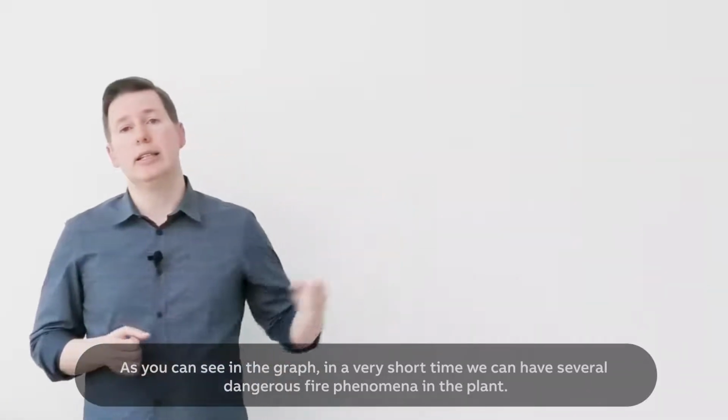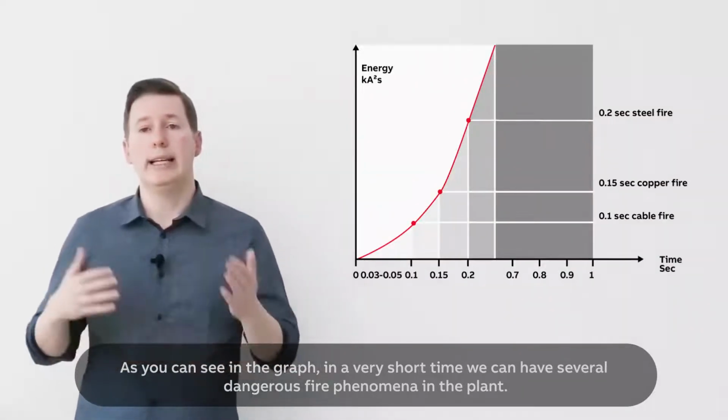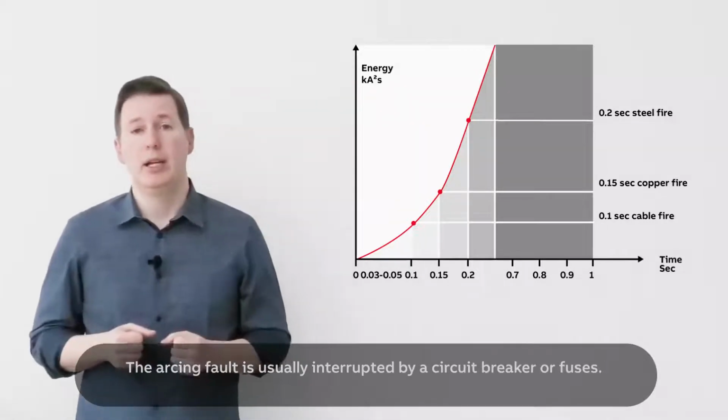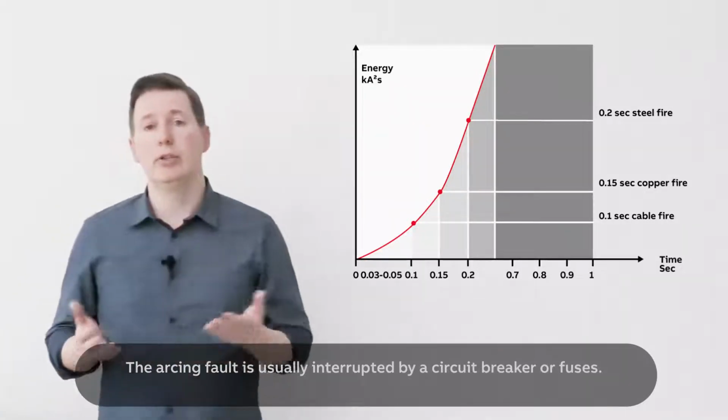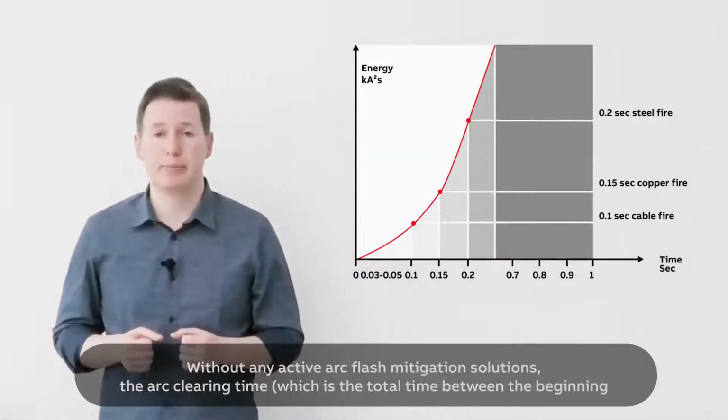In particular, what happens over time? As you can see in the graph, in a very short time, we can have several dangerous fire phenomena in the plant. The arcing fault is usually interrupted by circuit breakers or fuses.